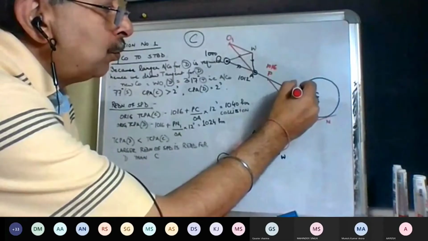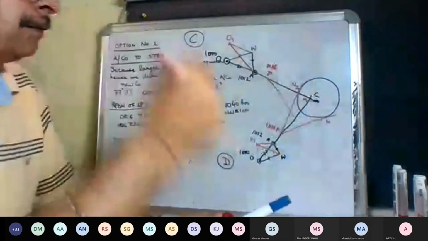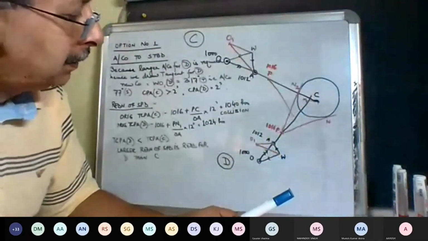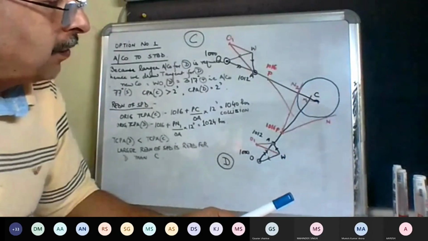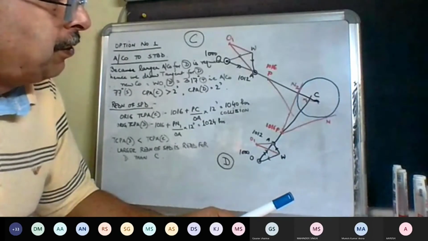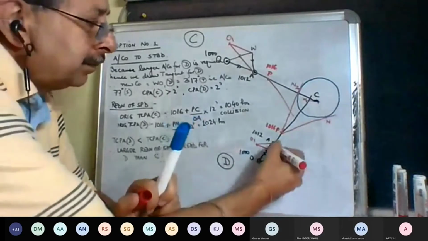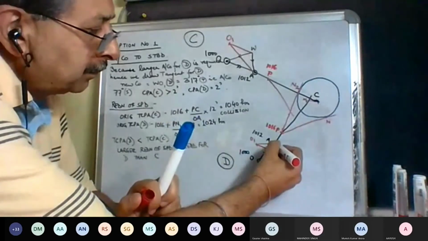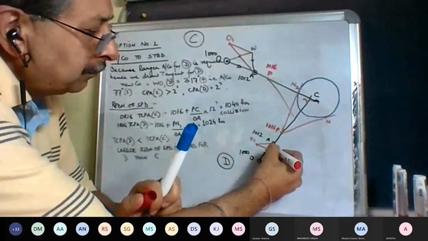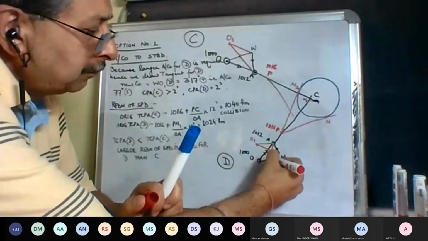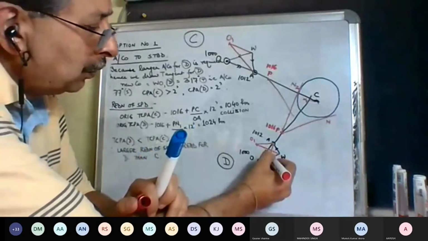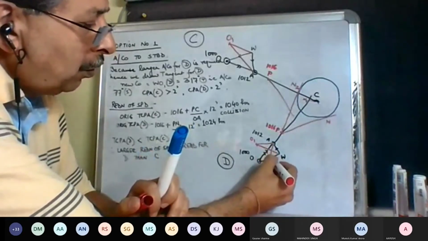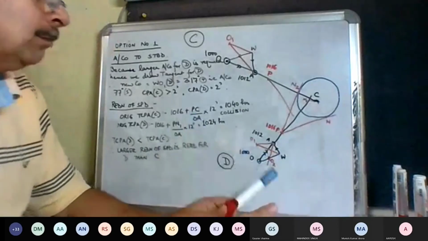Call this N2. Transfer PN2 backward through A, wherever it cuts WO, call that point O2.